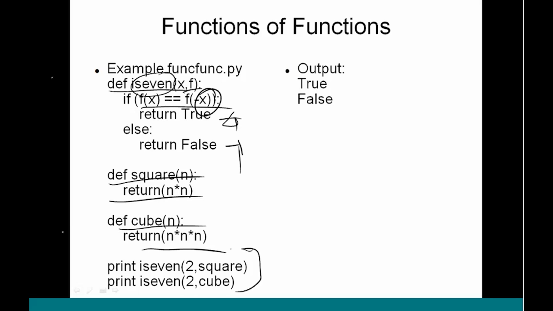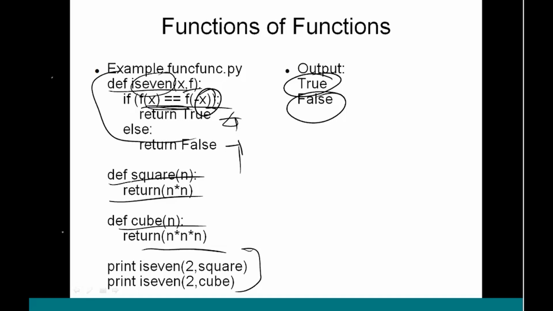The output of these two is, the first one is true and the second one is false. So first thing to note is this is one function, the top level function, and here all we are saying is that if x is the same as f of minus x, then return true, else false.